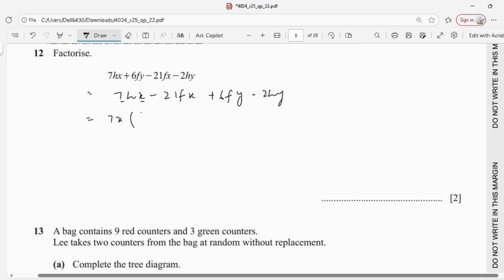So here we are left with minus h minus 3f. Now here we are taking minus 2y common. As here it is plus sign, we are left with minus 3f. Here minus, we have already taken out minus as common, so it will be plus h.